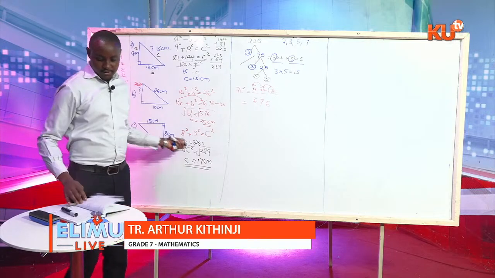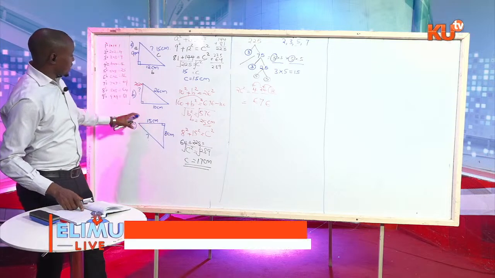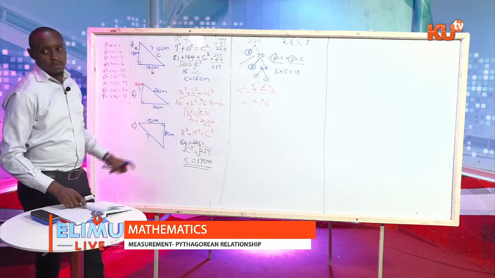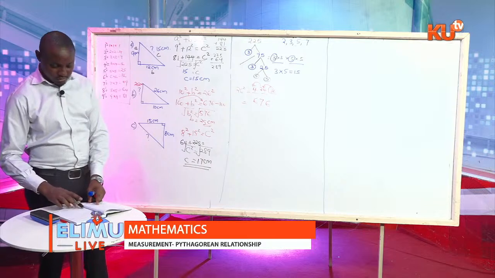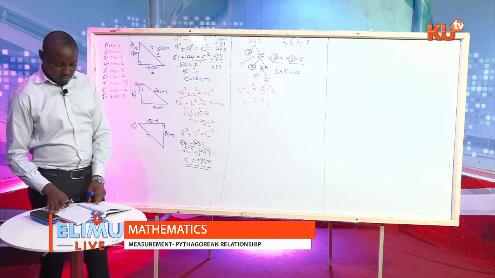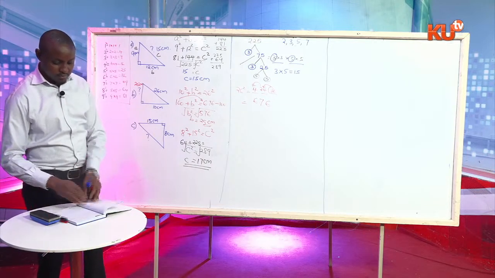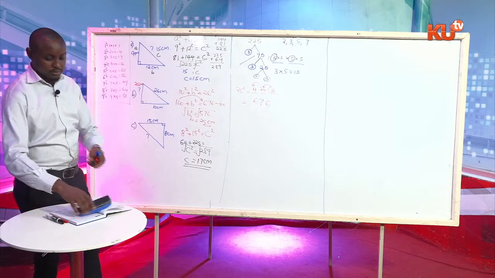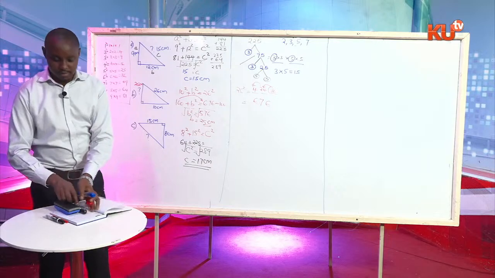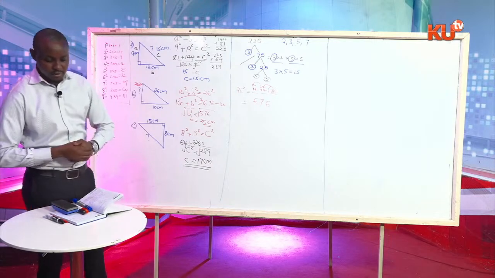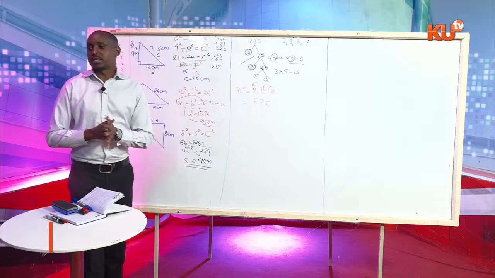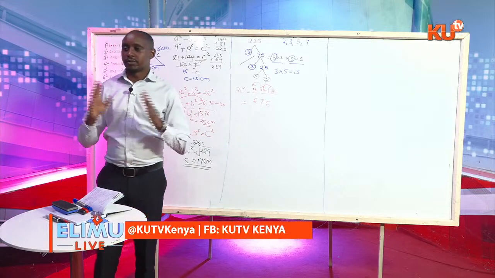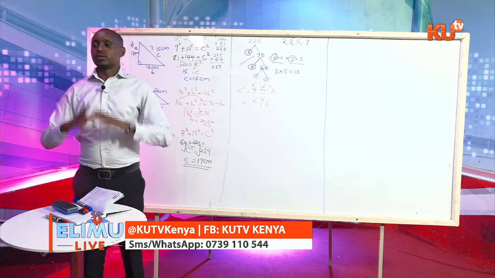So those are some of the examples of how you can get a missing side using the Pythagorean relationship of a right angle triangle. Let me go to application. So how do we use the Pythagorean relationship? You have seen painters or builders building houses, they use the ladder.